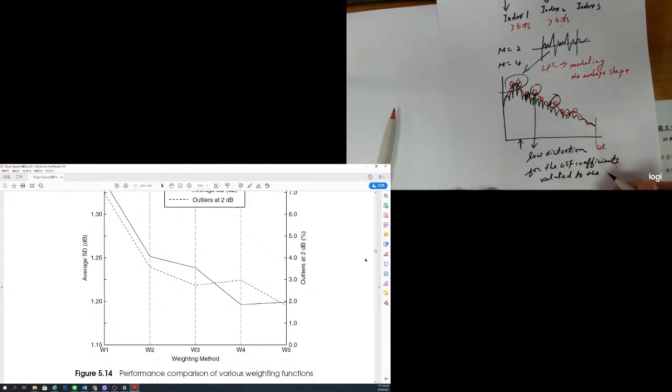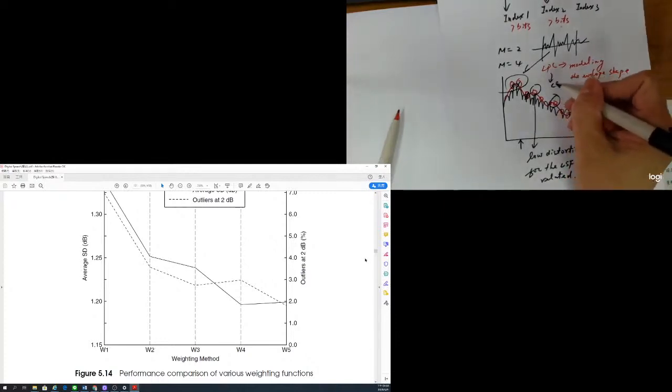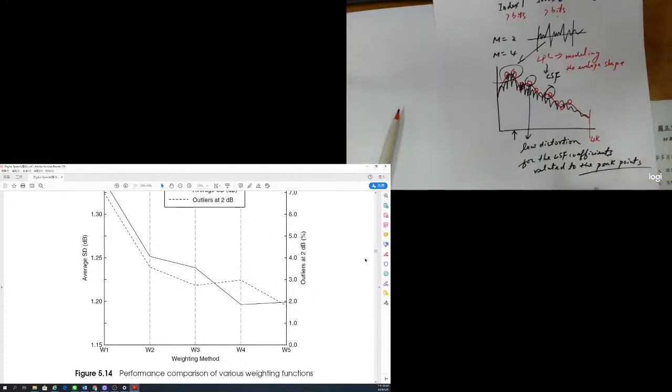What's your peak point? We try to do it this way. Because with LPC we generate line spectrum frequencies, and the physical meaning of line spectrum frequencies is to model your envelope shape. Your envelope shape is more meaningful.